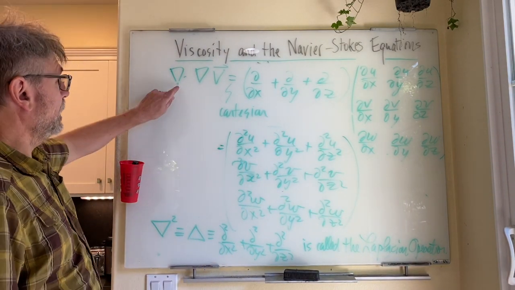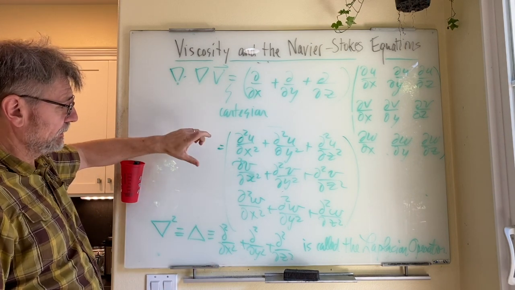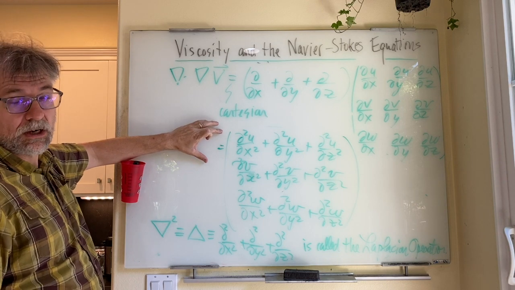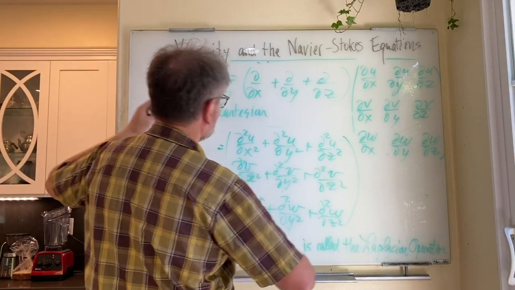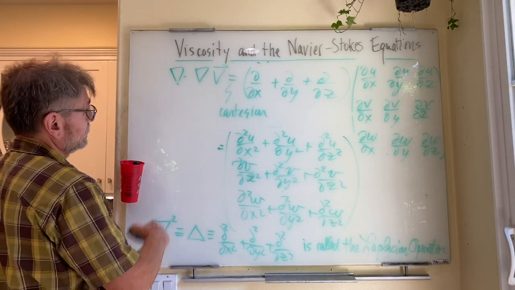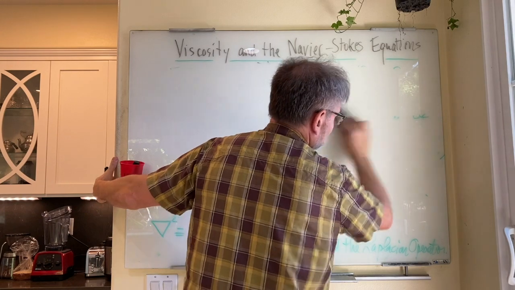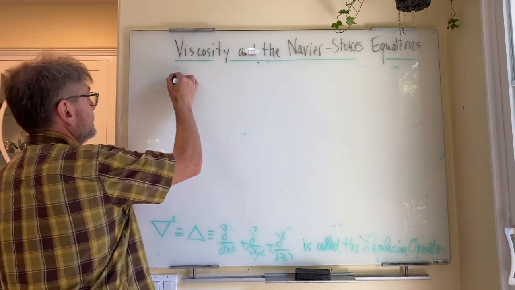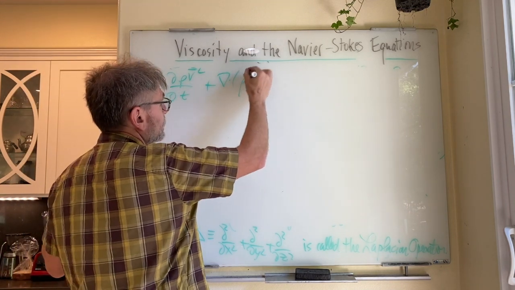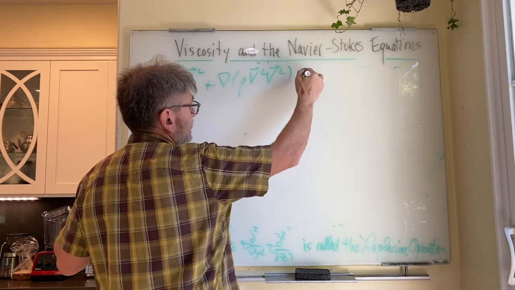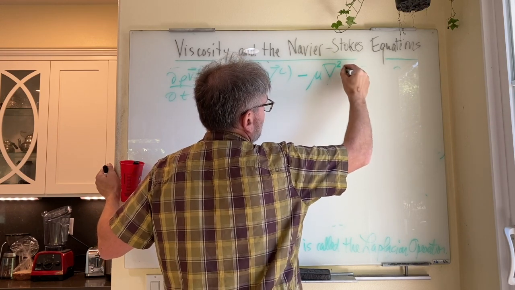All right, so our extra term, our parameterized term for the small scales and the large scales, is expressed as a Laplacian applied to the large scale velocity. So the momentum equation becomes d rho v large scale dt plus div dot rho v large scale v large scale minus mu Laplacian of v large scale.